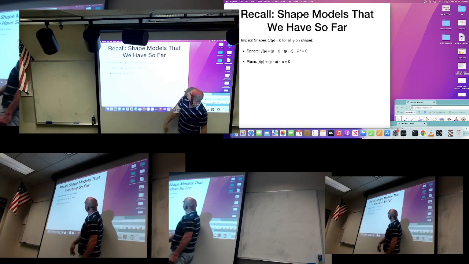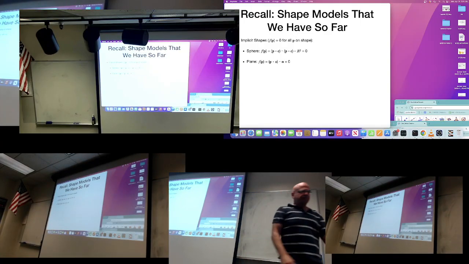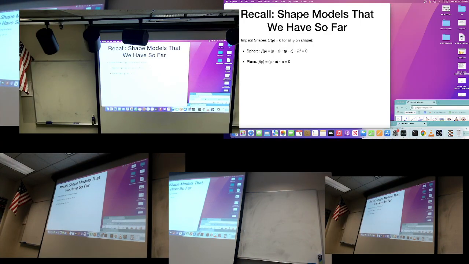That would be an implicit representation. And we discovered that when we have such an implicit representation, finding where a ray hits it is, at least for this shape, simple.